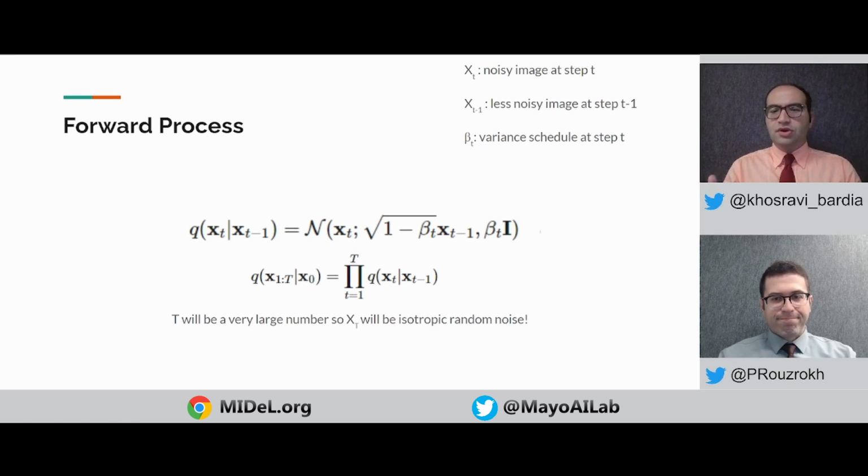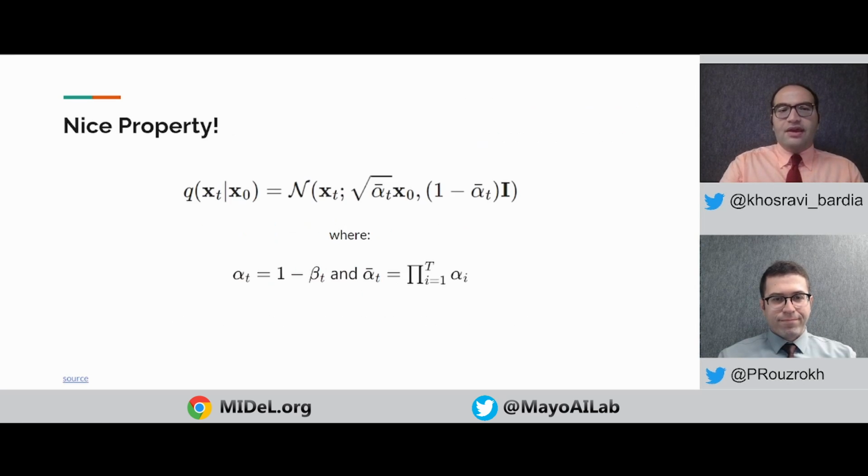So without needing to go through all the steps, you can have the noisy image at a specific step. This is very cool and very fast, and this is called the nice property. We will call it the nice property. So having an image at the beginning, x0, you can create xt, which means noisy image at step t, by doing some calculations based on beta and alpha, which is derived from beta as well.